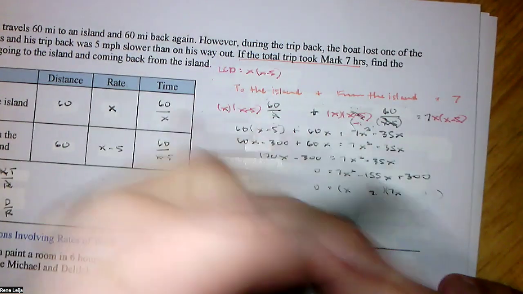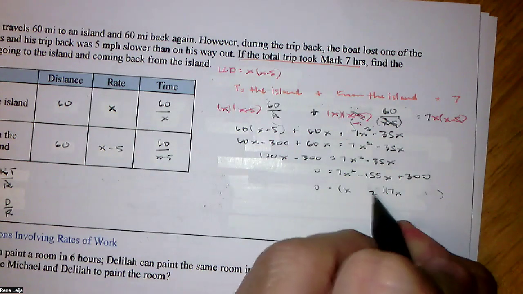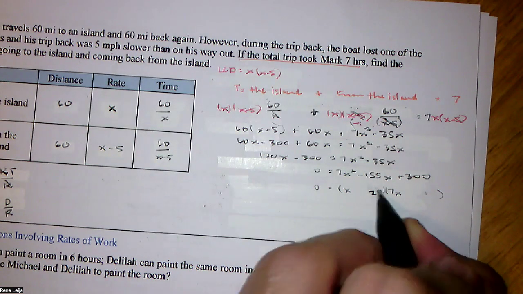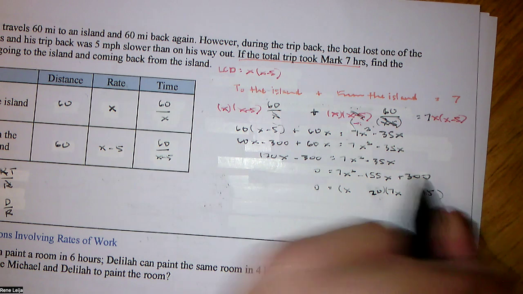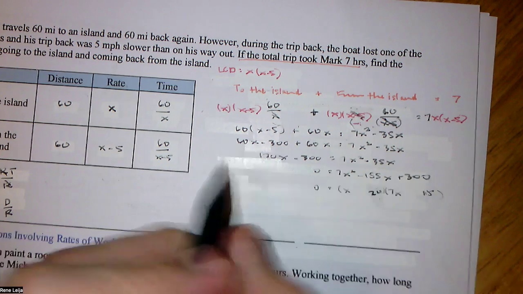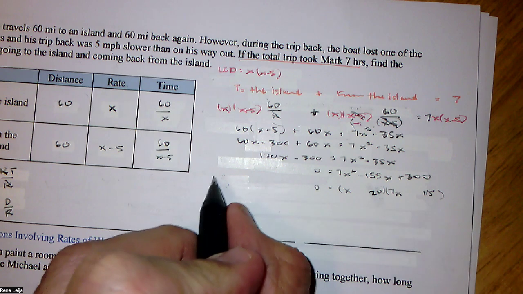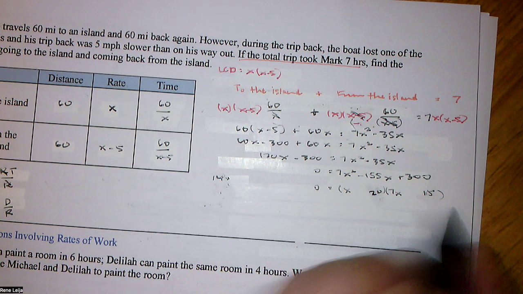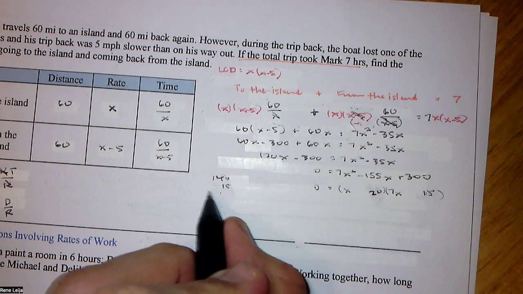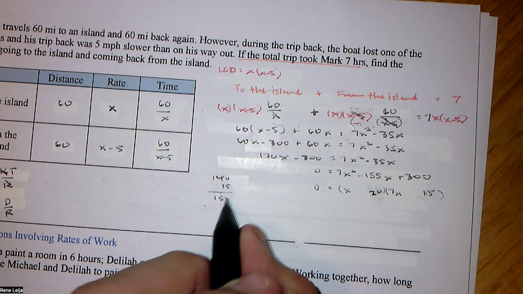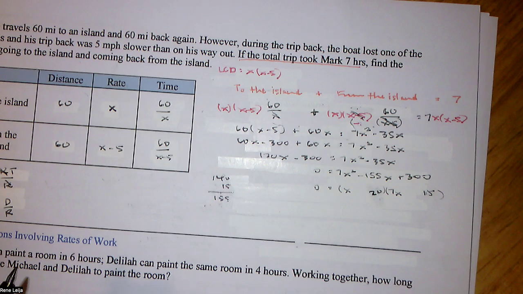We'll do 20 and we'll do 15. So 20 times 7, that's 140. And then the outside gives me the 15. Ah, that's 155. That's what I need.